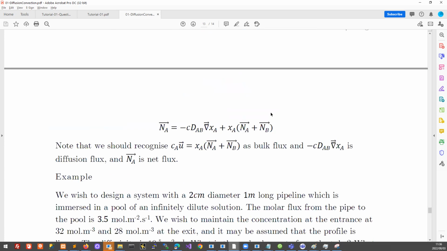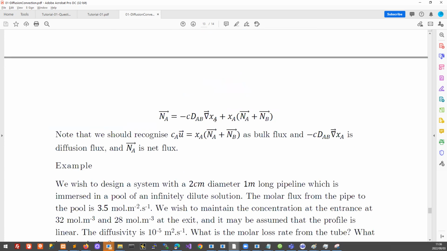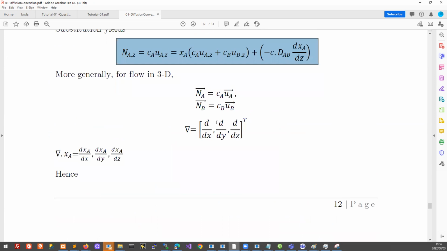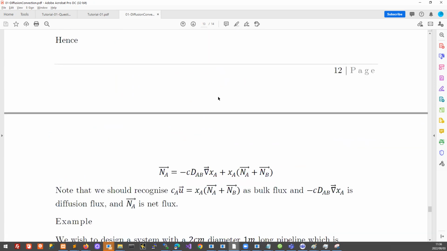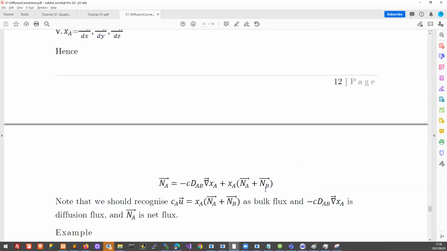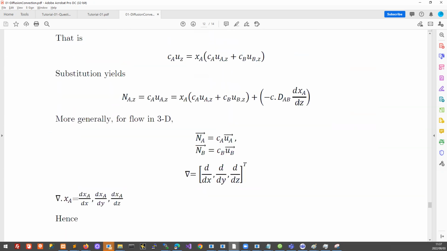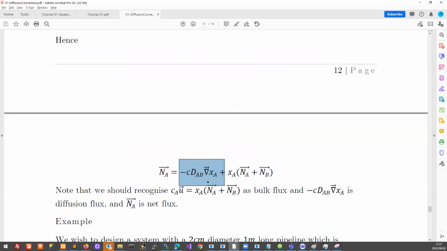And so, okay, well, just read this as ddz of xa. So here we can say that we can rewrite this more simply as the diffusion part. So the diffusion part, for some reason, I've written that first. So this is del x, right? So C dAB del x.